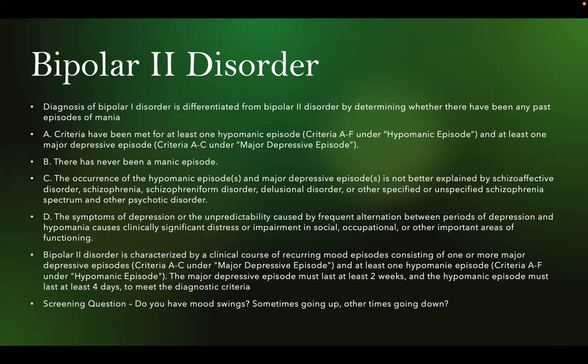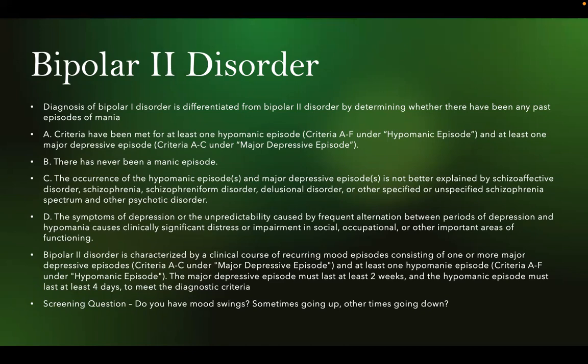disorder. And as with bipolar 1, the occurrence of that hypomanic episode and the major depressive episode is not better explained by any of the diagnoses that we talked about last week. Criteria D for bipolar 2 disorder is that the symptoms of depression or the unpredictability caused by frequent alternation between episodes in depression and hypomania cause clinically significant distress or impairment in social, occupational, or other important areas of functioning.